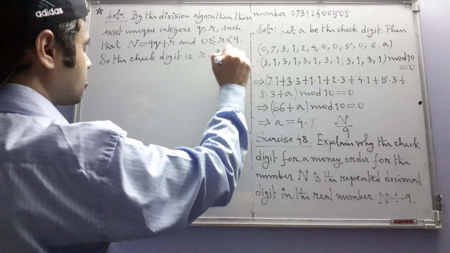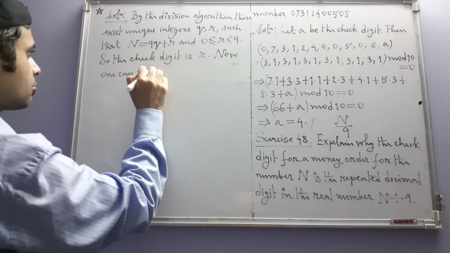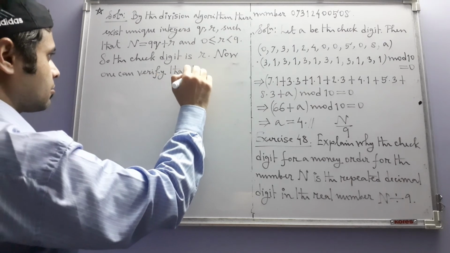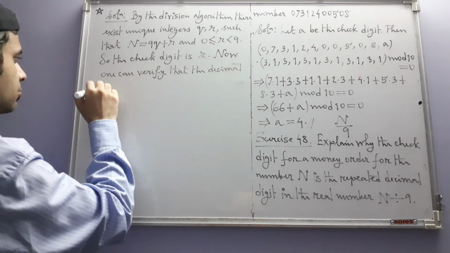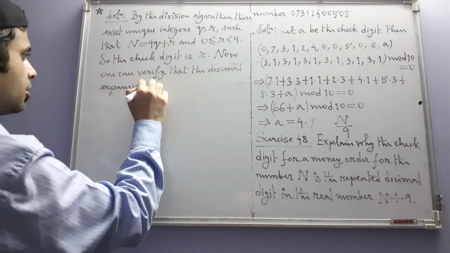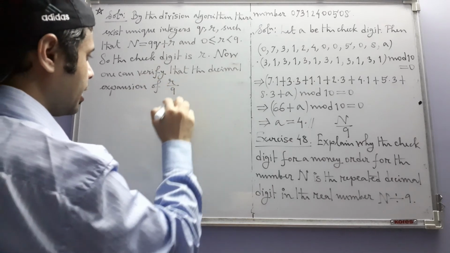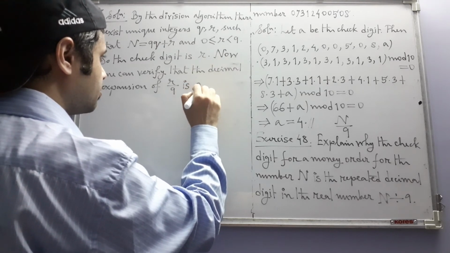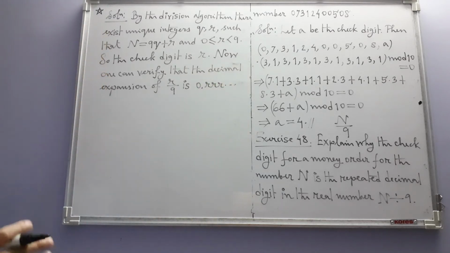Now one can verify that the decimal expansion of R divided by 9 is 0.RRR etc. It's not very difficult.